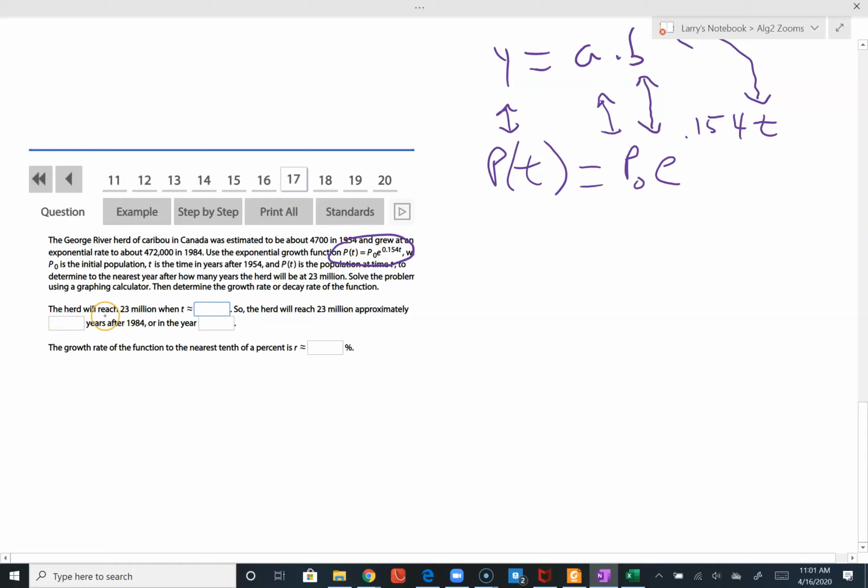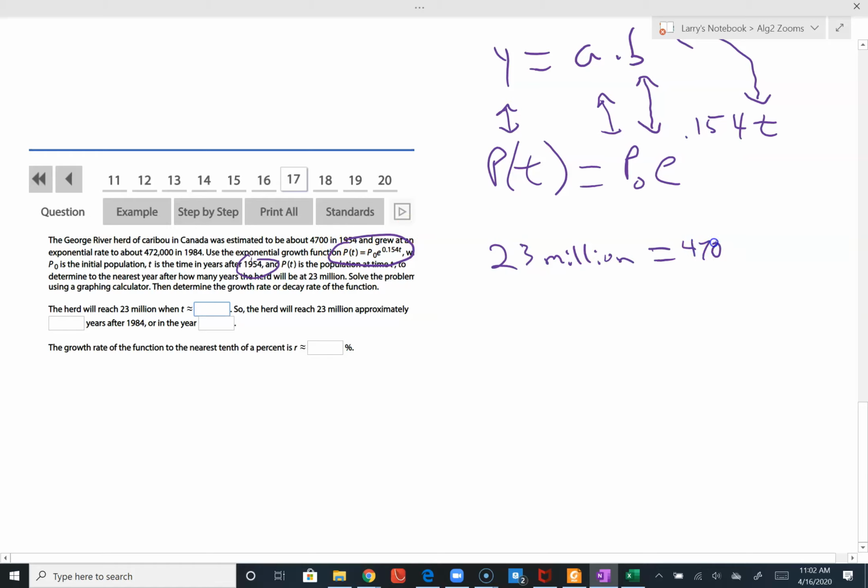Number one says the herd will reach 23 million when t is approximately what? So that's our population is 23 million. Our P naught is from 1954, that's 4,700.